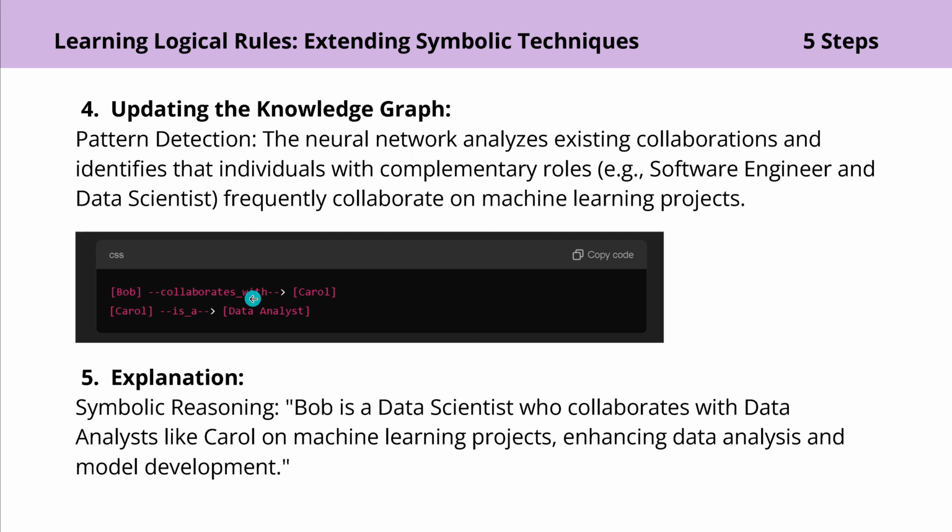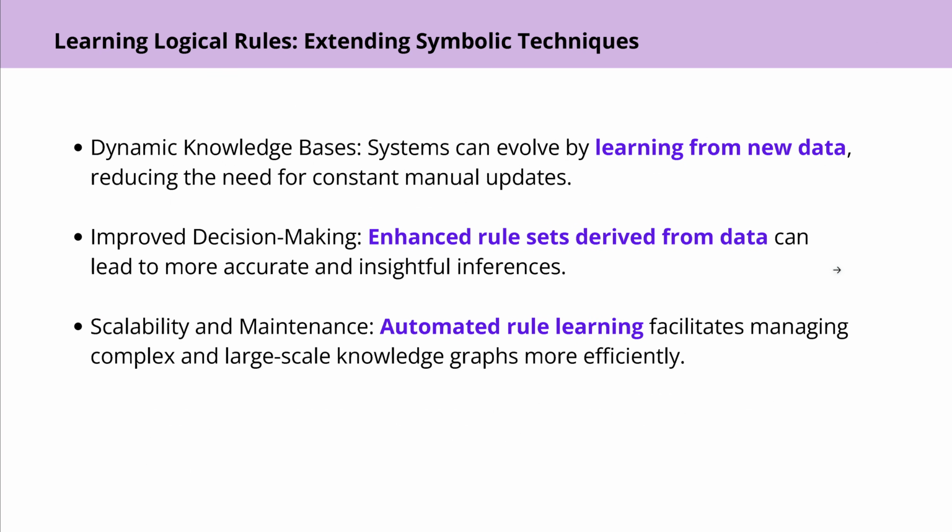And step 5, explanation, the symbolic reasoning. So Bob is a data scientist who collaborates with data analysts like Carol on machine learning projects, enhancing data analysis and model development. So you see, it's a rather simple way to deduce new logical rules.